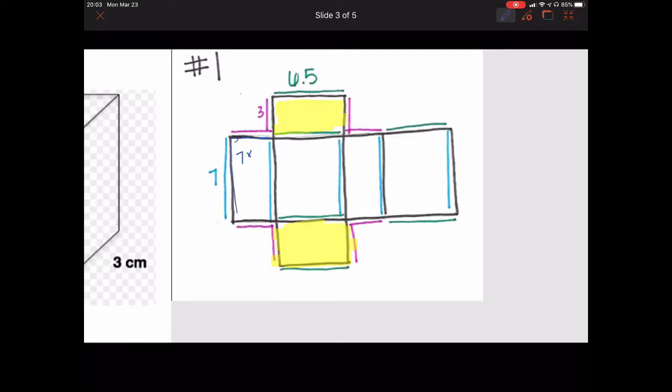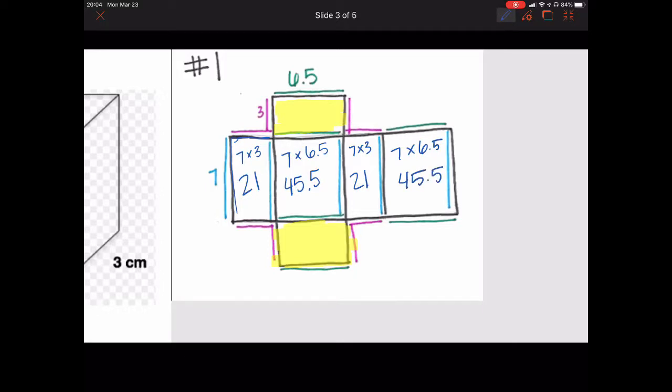So 7 times 3 is 21. This middle one is 7 times 6.5, which comes out to 45.5. This becomes 7 times 3 as well, and 7 times 6.5 again.